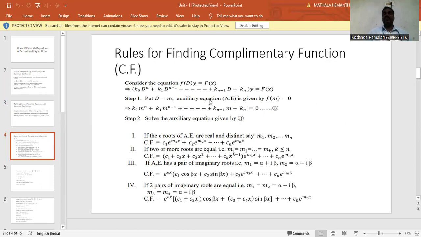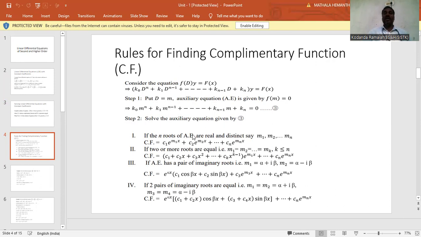Now we find the roots of the given differential equation. The equation can be converted into the auxiliary equation F(m) equals 0, that means D is written in terms of m: k0 m^n plus k1 m^(n-1) plus and so on plus k_(n-1) m plus k_n equals 0.